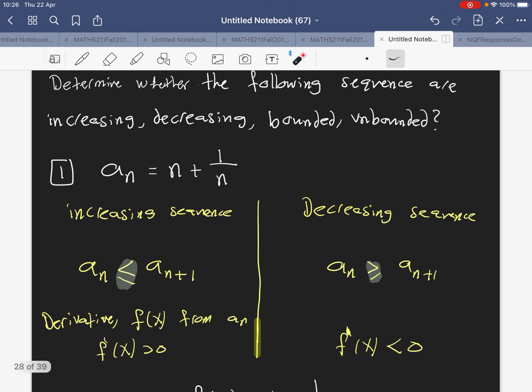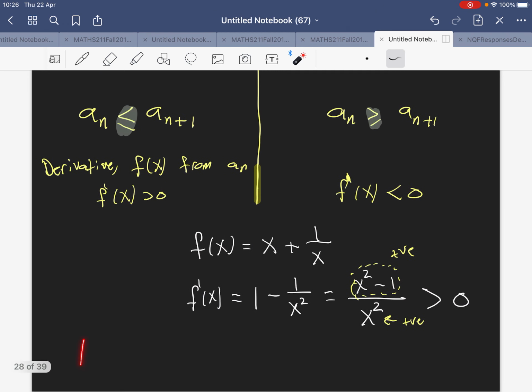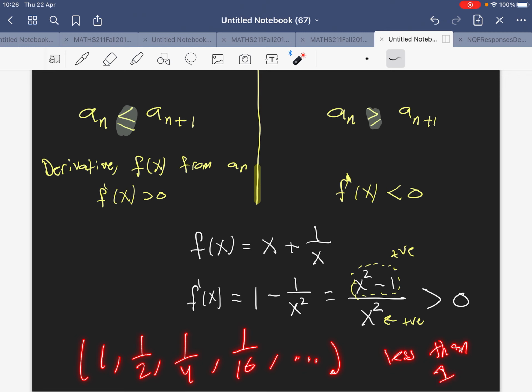For example, if you look at this sequence, 1/2, 1/4, 1/16, and so on, you can see that those numbers are always less than 1, and of course greater than 0.